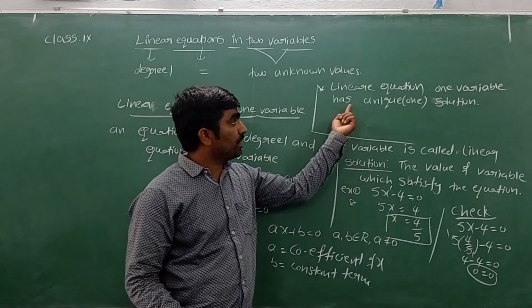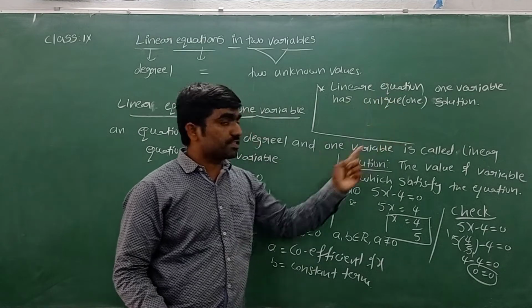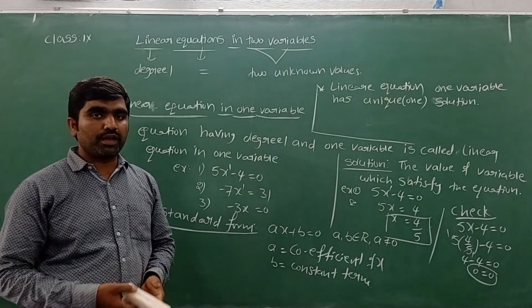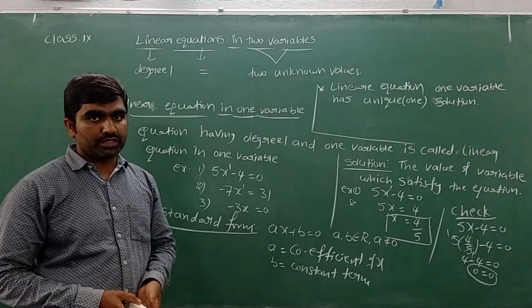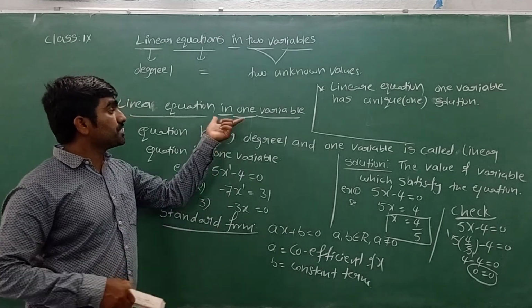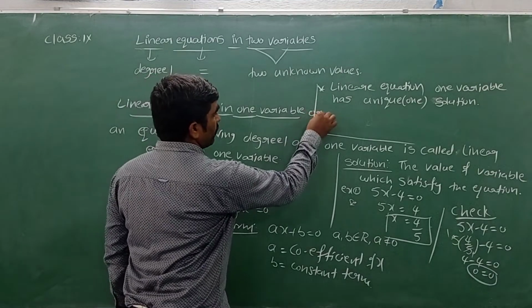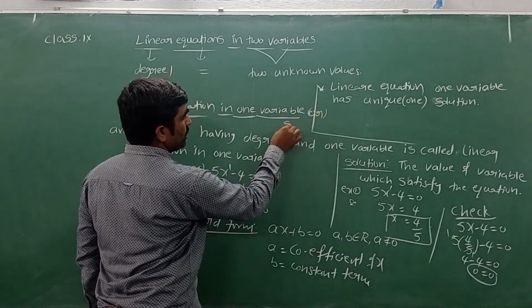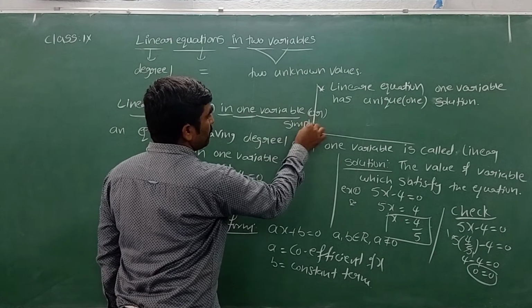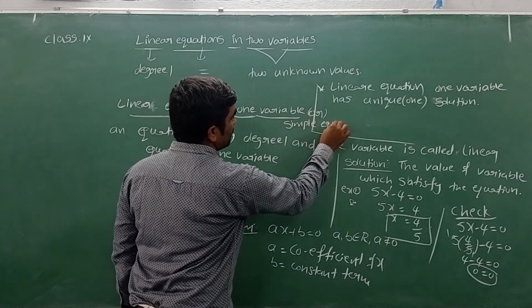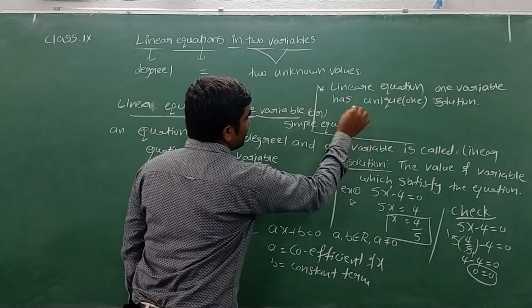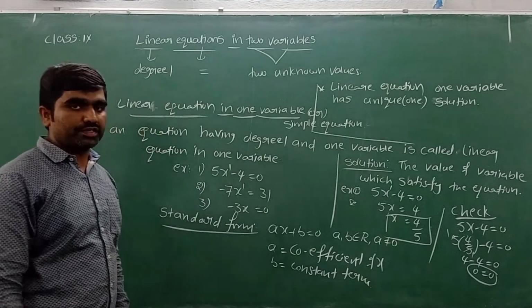We also observed that it has a unique solution, I mean only one solution. This linear equation in one variable is also called by another name: a simple equation, which we studied in 7th class.